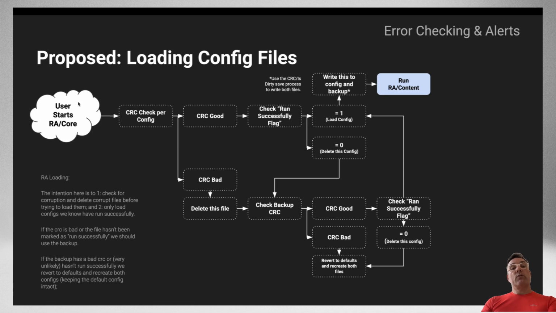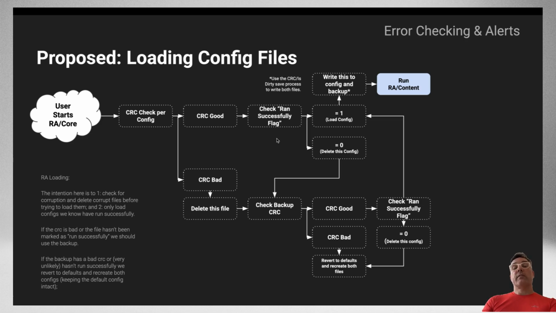So going back to this flow, the user starts the core or RetroArch. We do a CRC check on each config. If the CRC is good, then we check the ran successfully flag, right? So here what's happened is, yes, the file itself is not corrupt. It's a good file because the CRC passed. Has this file been run successfully?